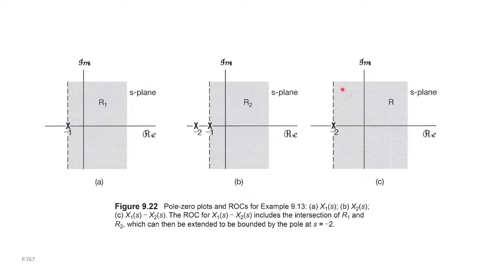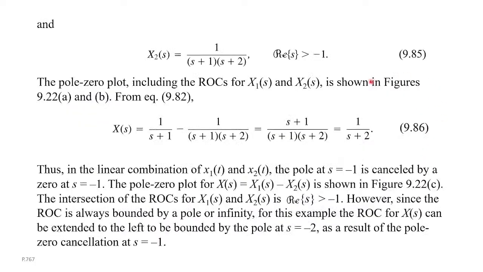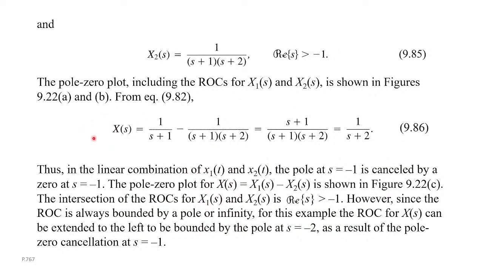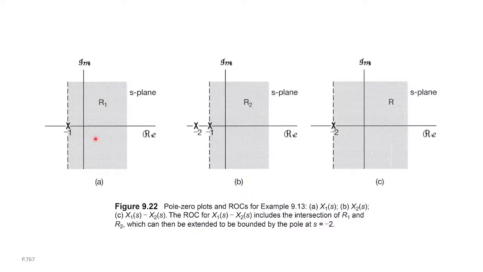The union of the ROCs of those two should start from here, but it's a rational function, so the ROC cannot be bounded by nothing, so it extends to this -2 pole.